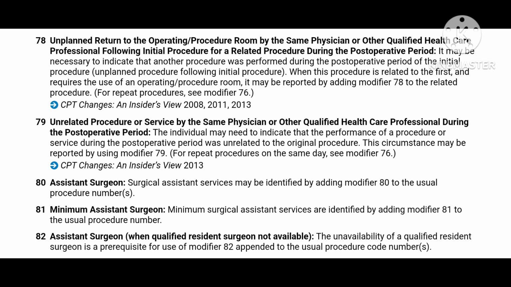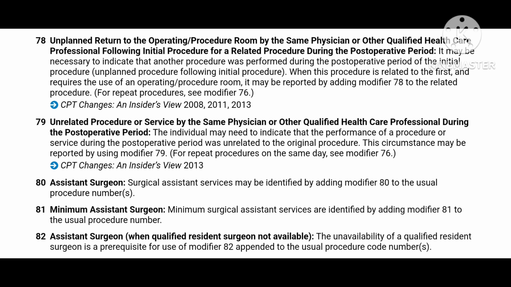I have to do some CABG procedure, coronary artery bypass grafting. It is not related to the previous surgery, but patient needs an immediate surgery. And it is happening during the post-operative period. And I am the same doctor who did the previous surgery. I am doing the second surgery, but which is not related to the first surgery. Then I will be using modifier 79. Modifier 79. So this is for unrelated procedure.